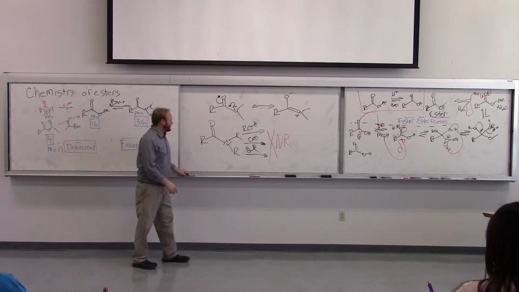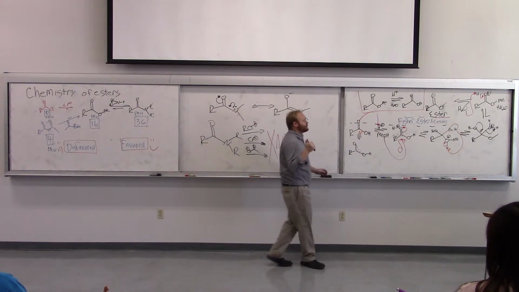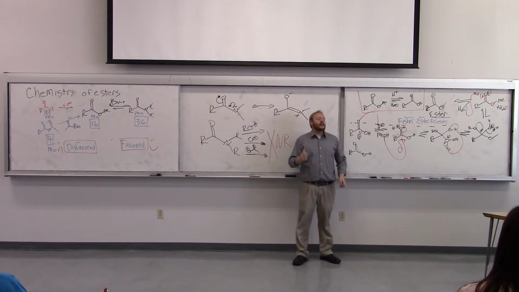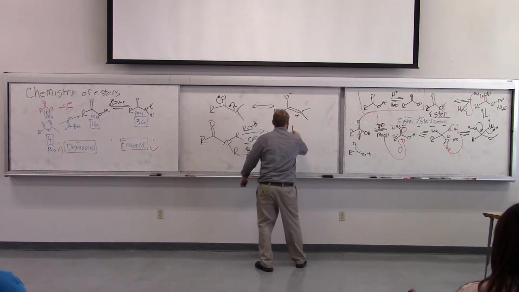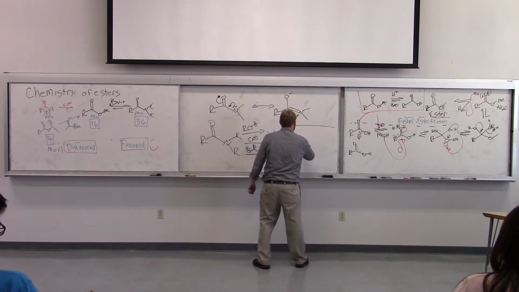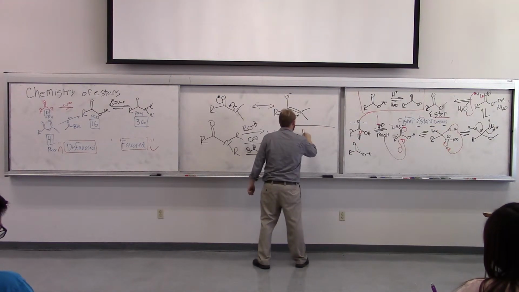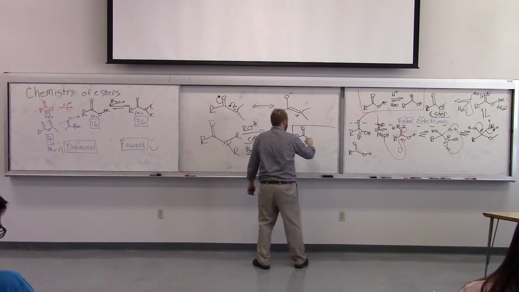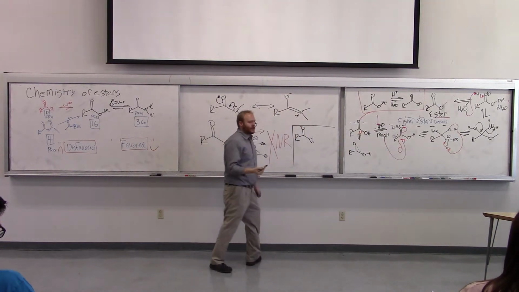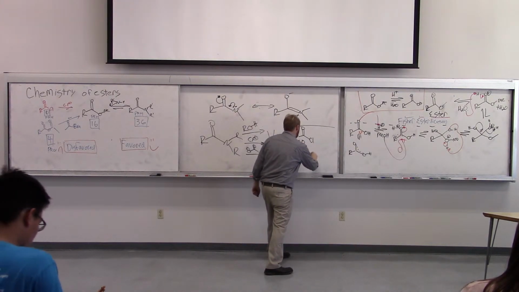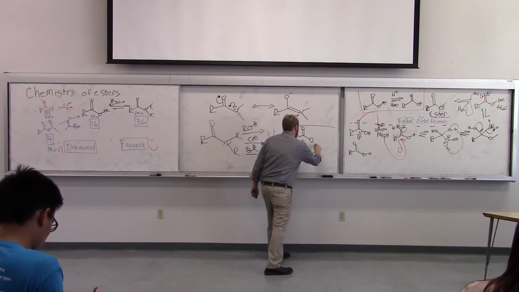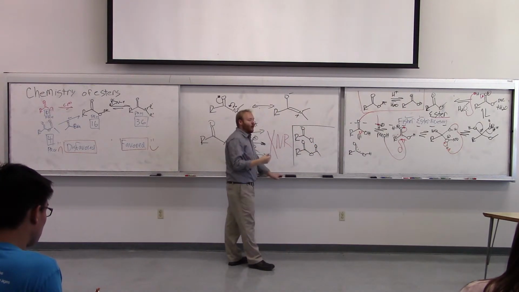That being said, if you wanted to make an amide, it's not that hard. If you wanted to make an amide, you can take an acid chloride, or an anhydride, or an ester.